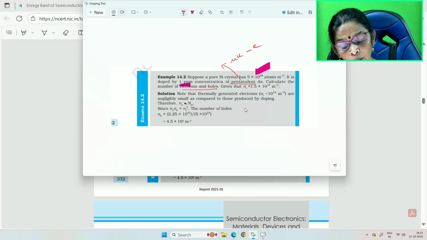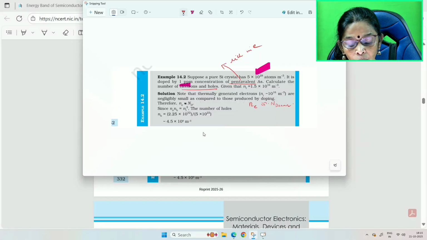So, the number of electrons is approximately equal to the number of donor atoms. Therefore, I am taking Ne into Nh is equal to Ni square. Therefore, Nh is equal to Ni square divided by Ne.